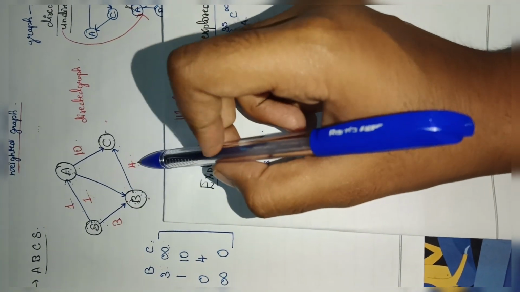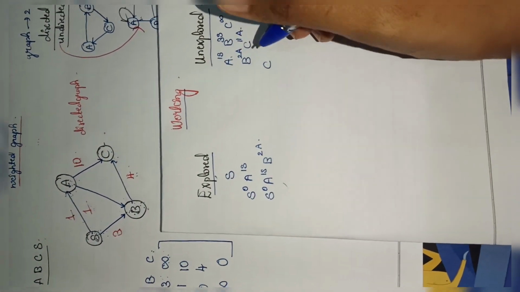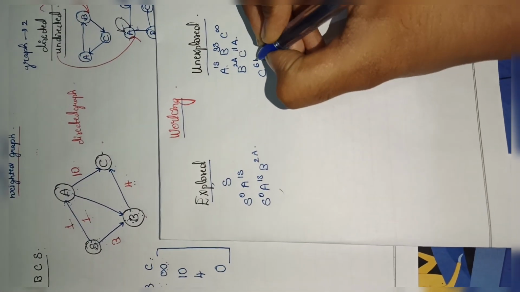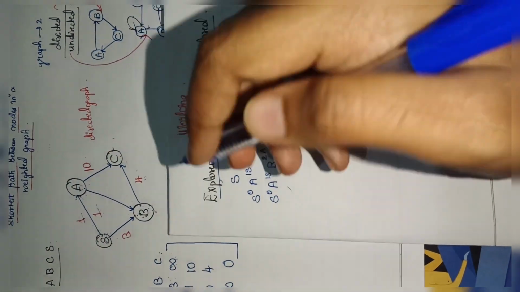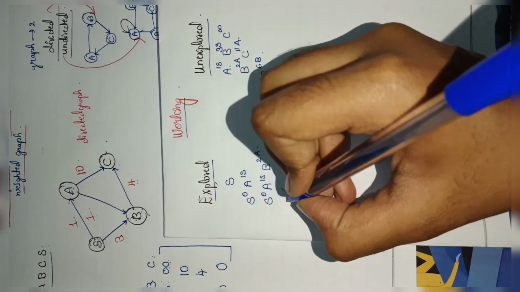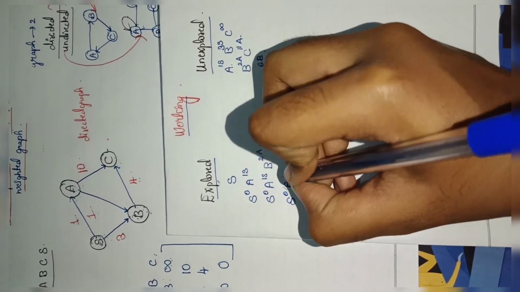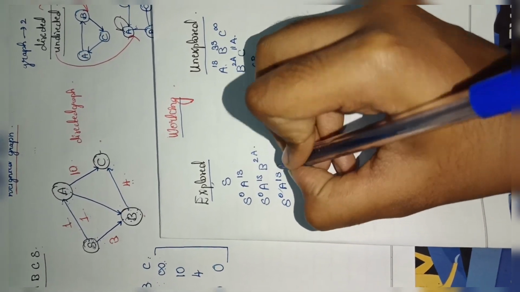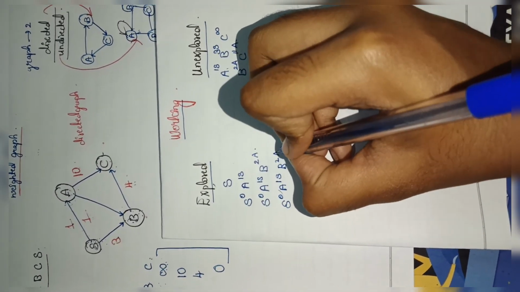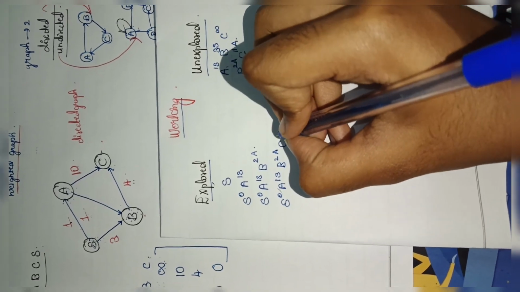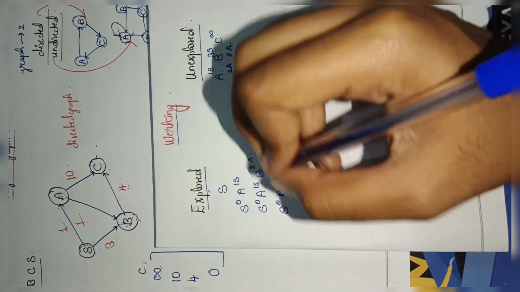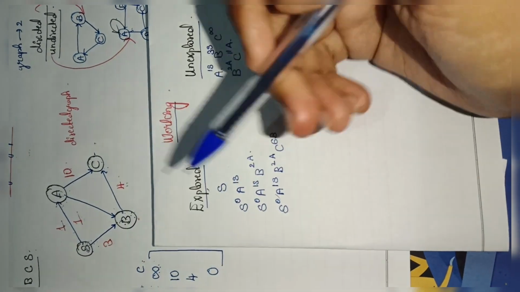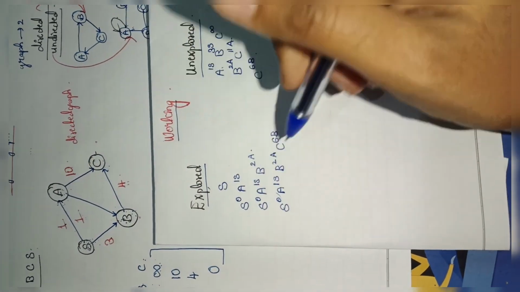So 2 plus 4 is 6. We are going through B, so it is 6B. Now all the paths are explored. So we'll write all the paths are explored. There are no nodes after C, so it is all explored.